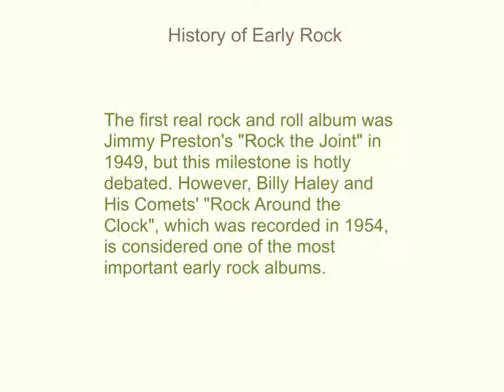The first album to exhibit almost all elements of rock and roll into a single package was Rock Around the Clock by Billy Haley and His Comets, which was recorded in 1954. This album is a benchmark and milestone in the history of rock and roll, and can be considered its true birth.